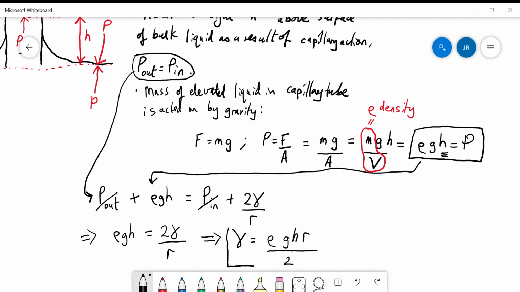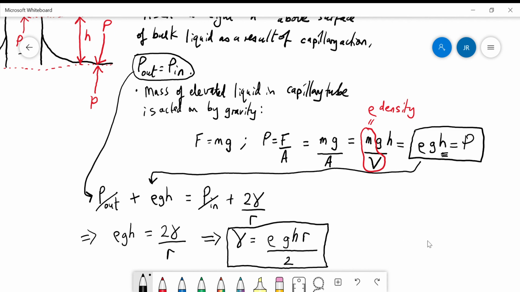So that's a nice simple equation, and this is one way that you could essentially fabricate a capillary tube, put an unknown liquid in, quickly measure the height of capillary action and ascertain the surface tension of the liquid. Okay, so this is great.